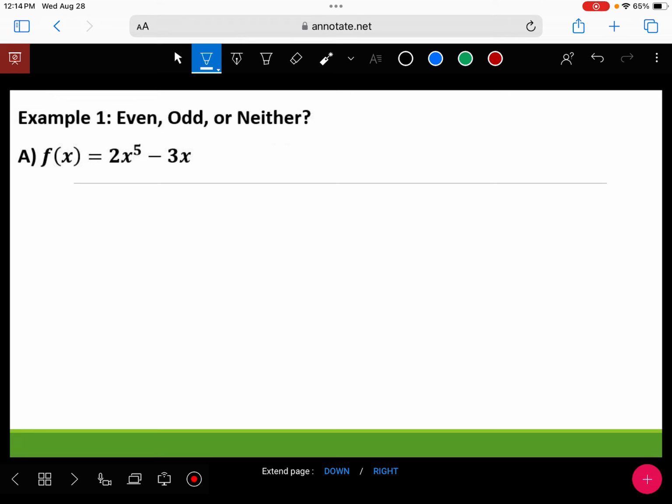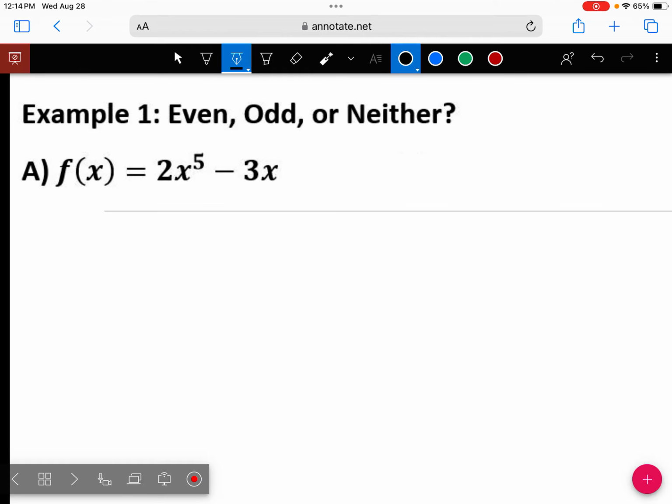All right, so what we're going to do is replace x with a negative x. So I'm going to rewrite this equation: 2 parentheses to the power of 5 minus 3 parentheses, and now inside, I'm going to put a negative x.